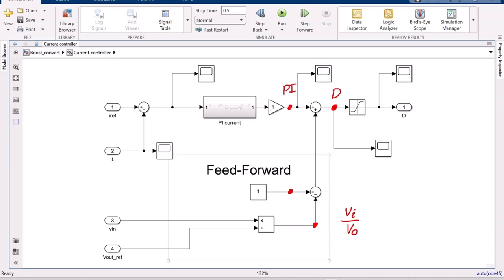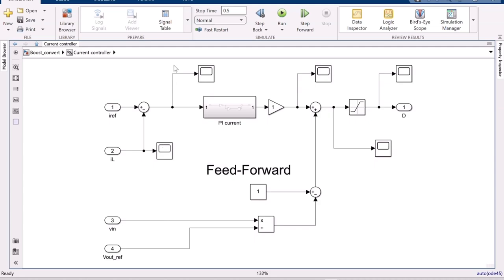So this is the change of current that we have, input that into the PI controller and get the output. This is actually the desired change of duty cycle that we want. So you can see that the duty cycle in all becomes equal to 1 minus VI over VO, and then plus the PI controller.